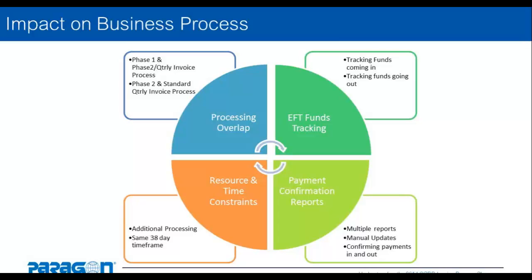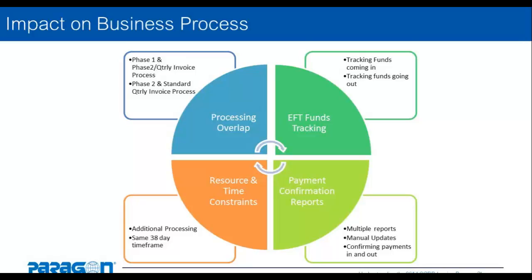There will be a processing overlap between Phase 1 negative invoice reconciliation and quarterly invoice processing. As of 1Q14, the Phase 2 negative balance solution is part of the quarterly invoice process. Thus, as of 1Q14 invoice quarter, the processing time frame for receiving funds for negative invoices and preparing and sending funds for positive invoice payments is within the same 38-day timeline.